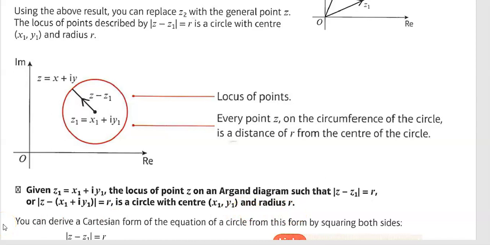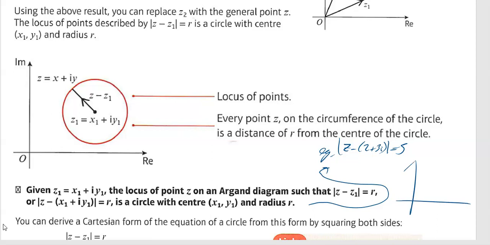Right, so just to give you a numerical example of this one, if you had the modulus of z minus (2 plus 3i) equal to 5, that would be a circle.